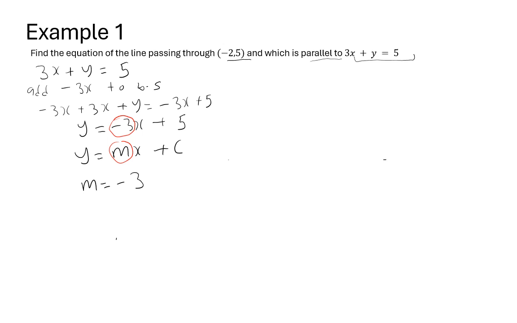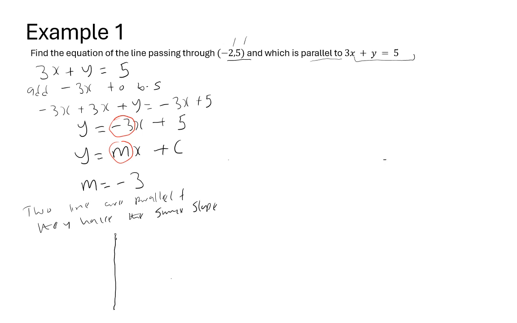Two lines are parallel if they have the same slope. So we want to find an equation of the line whose slope is also m = -3, but which passes through (-2, 5).